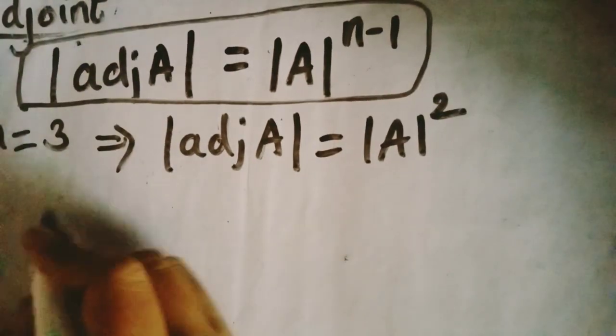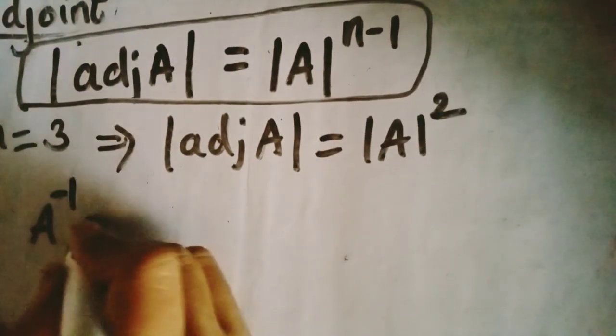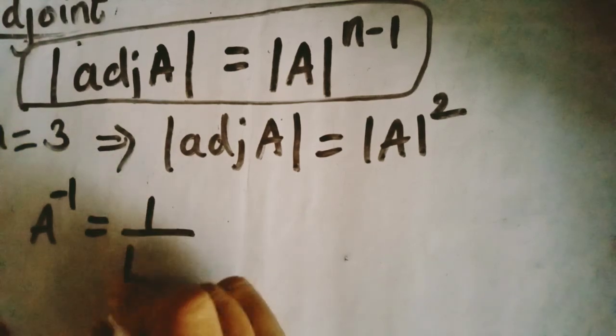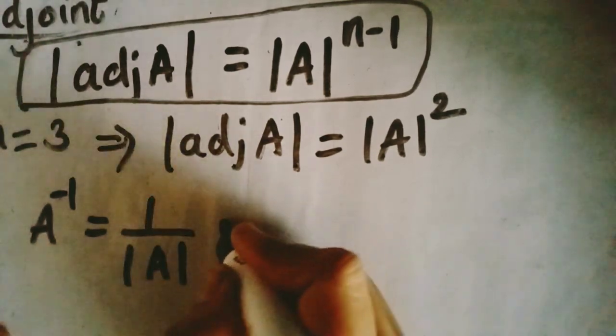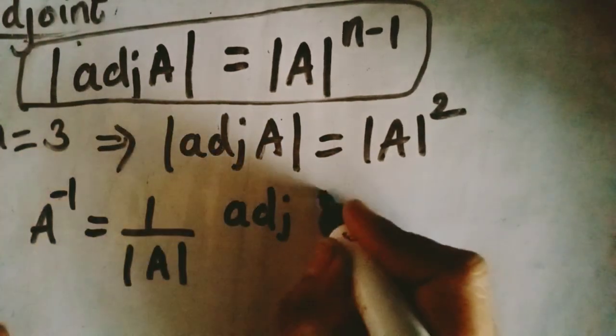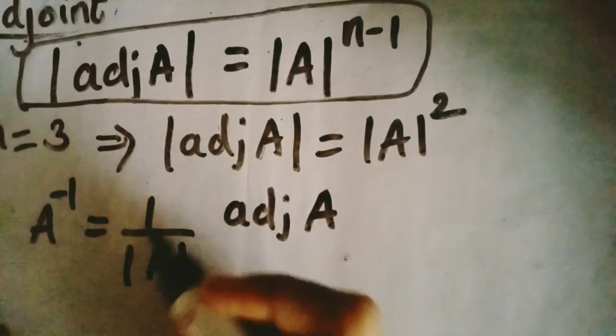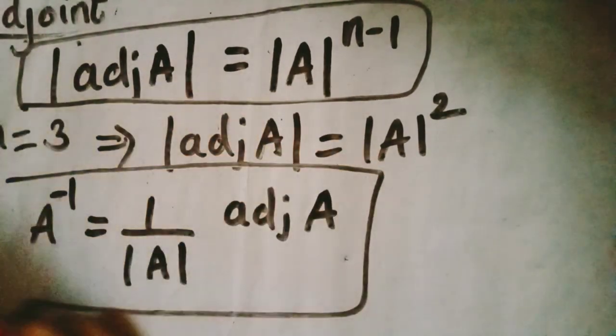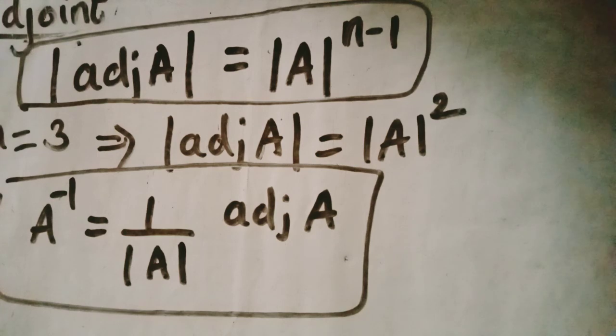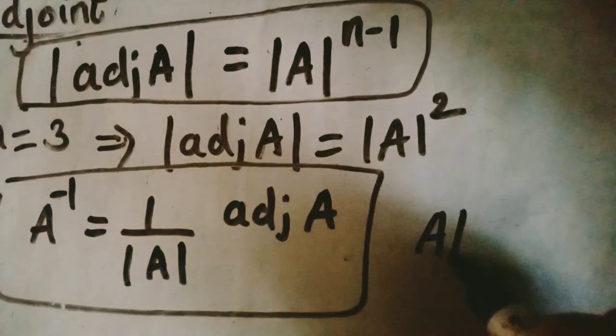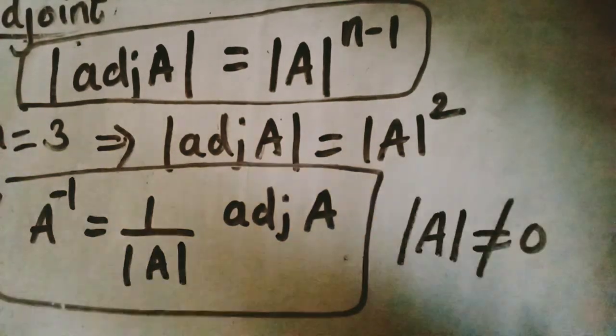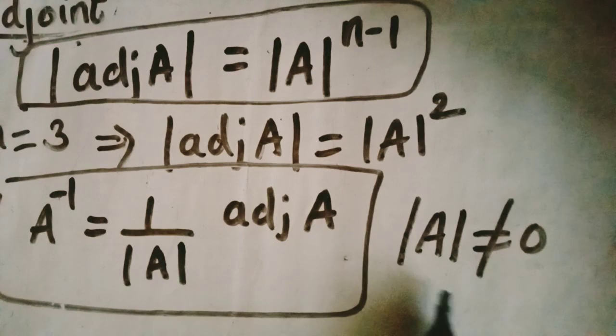So to find A inverse, it is 1 upon determinant of A into adjoint of A. So this is the formula to find A inverse, and you can find A inverse if and only if your determinant is not equal to 0, that is, A is non-singular.